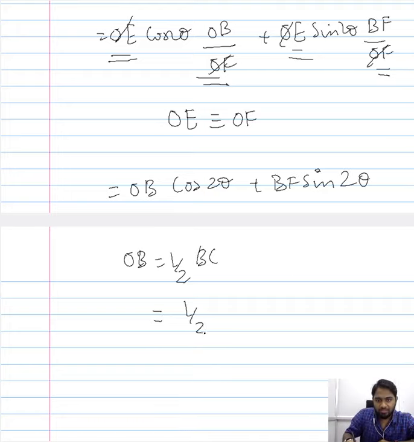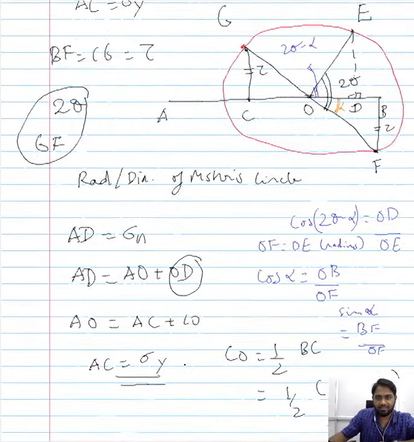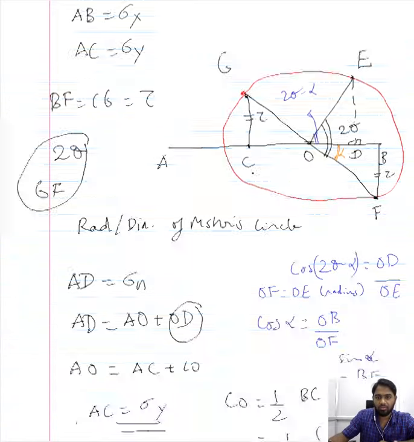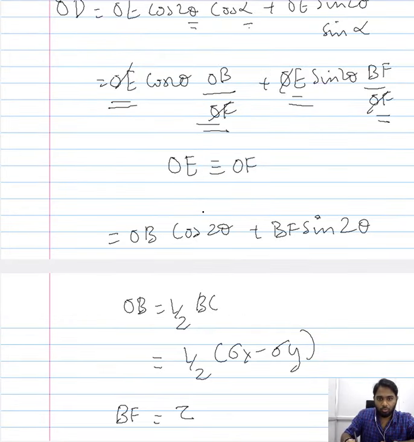So in that case OB would be sigma x minus sigma y by 2. And BF, if you could remember, the way we constructed this whole Mohr circle is by considering that this line here, this BF, is nothing but the tau. So you have your BF is tau.